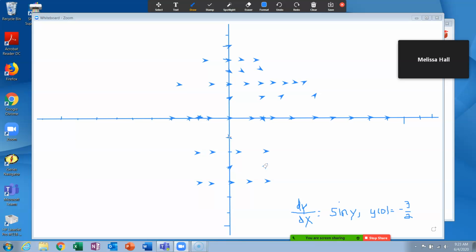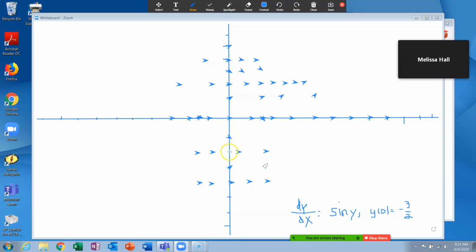This is a rather bizarre situation here. That is -3/2 radians, because your y is measured in radians here, or the way I've drawn it. No, it's not in radians, but it's -3/2. I'm sorry, I'm making it far more difficult than what it really is. When x is 0, y is -3/2, so you're down here.